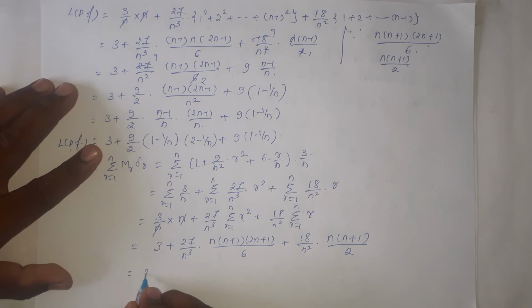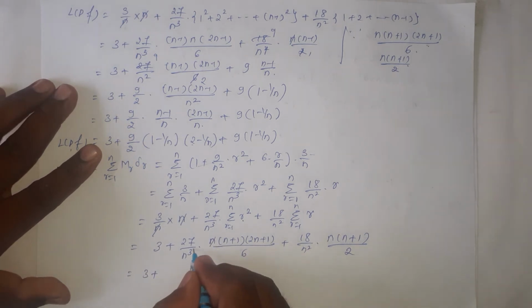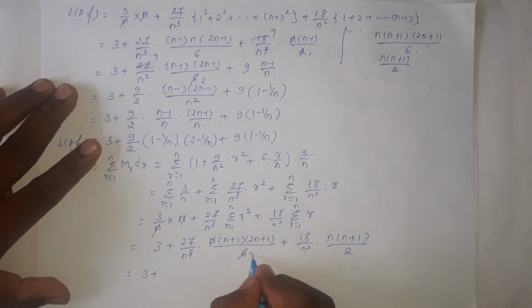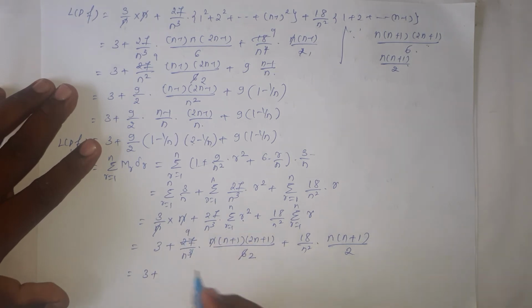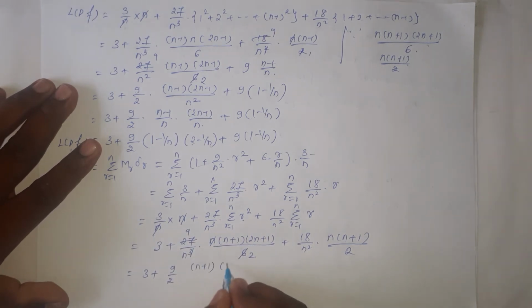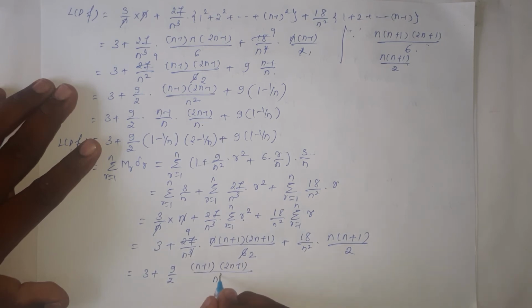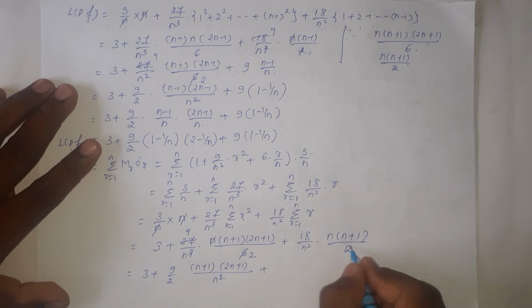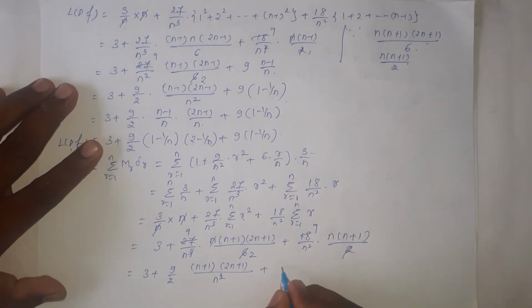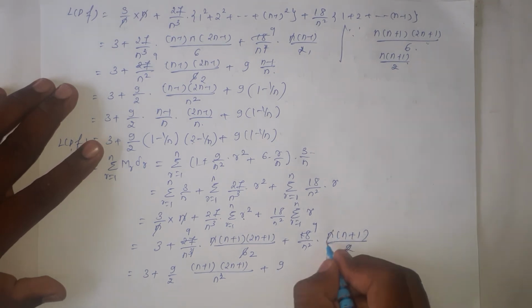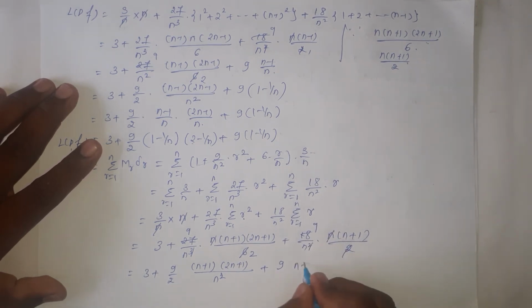Now, it is equal to 3 plus, here n and n get cancelled, 3 2s are 3 9s, then it is 9 by 2 into (2n plus 1)(2n plus 1) divided by n square plus 2 1s are 2 9s are, then it is 9 into, here also n and n get cancelled, remaining (n plus 1) divided by n.